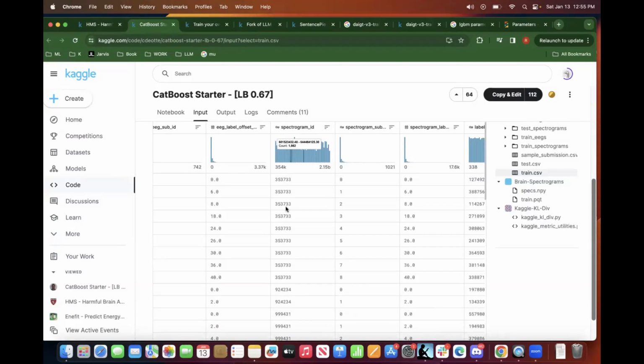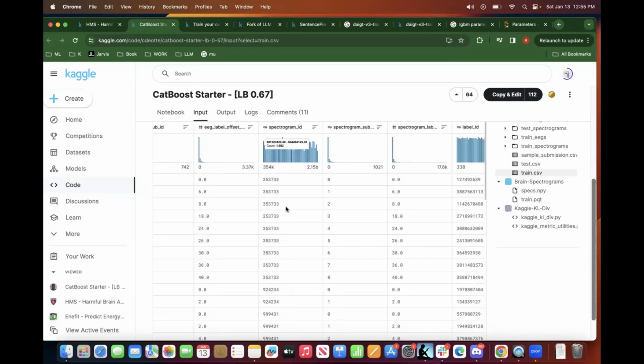Because the EEG is 10 minutes, the spectrogram is a 50-second slice within the 10 minutes. So the spectrogram would be offset from the EEG starting point, which is 0, right? Because whenever you start the 50-second window. And then within the spectrogram, there's another offset.